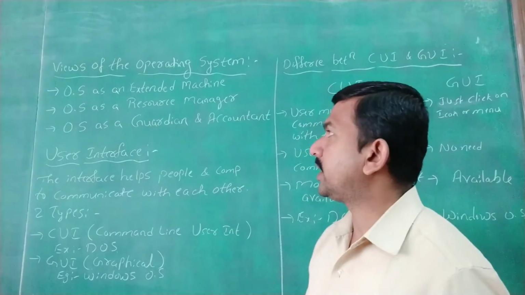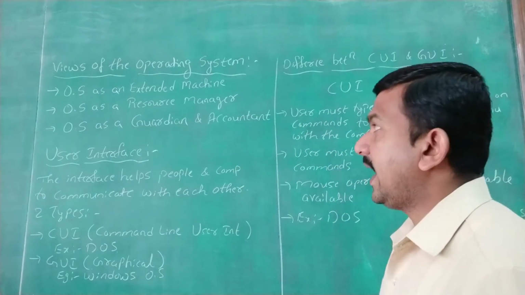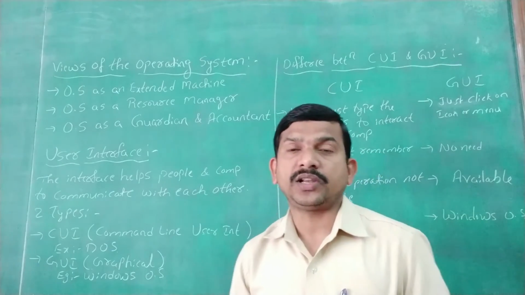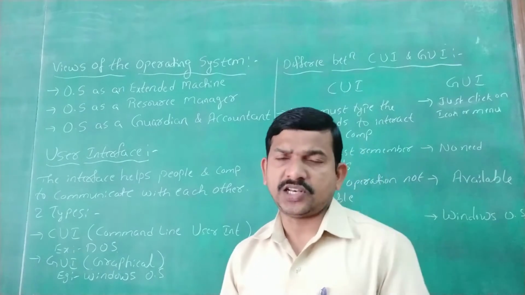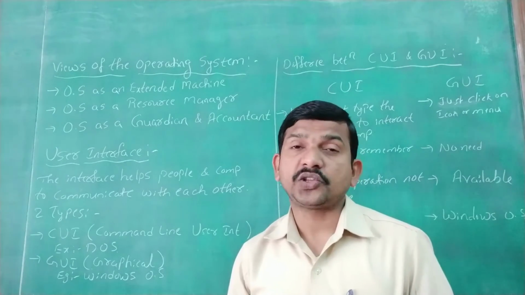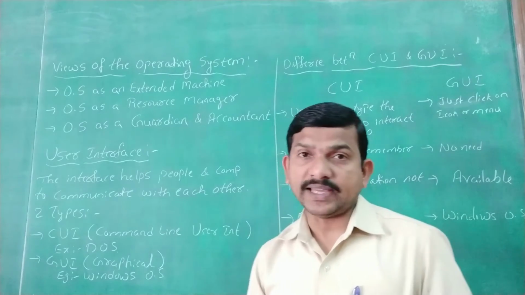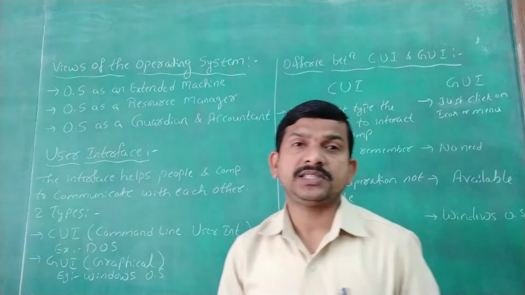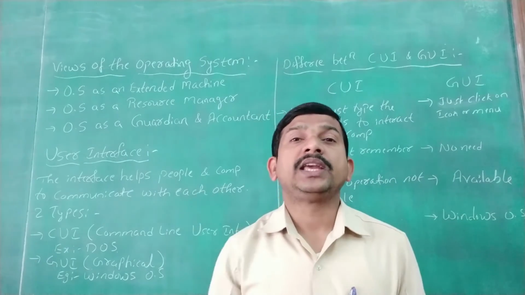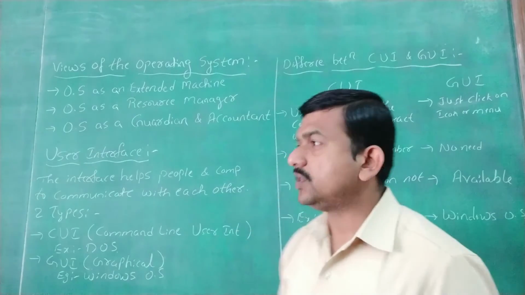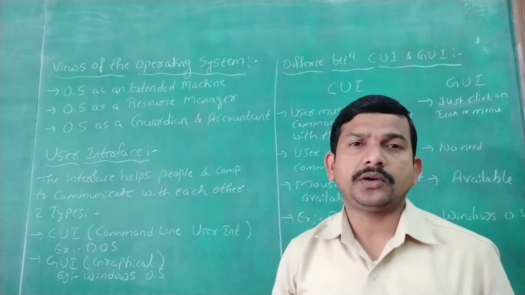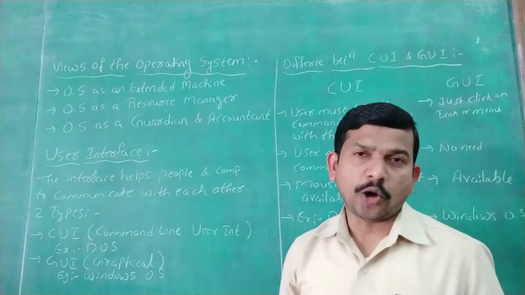So all those will be controlled. And the last one, act as a guardian as well as accountant. Guardian is nothing but protection or security. It provides security to our files. And accountant means it maintains each and every activity, right? So these are the general points of view of the operating system.